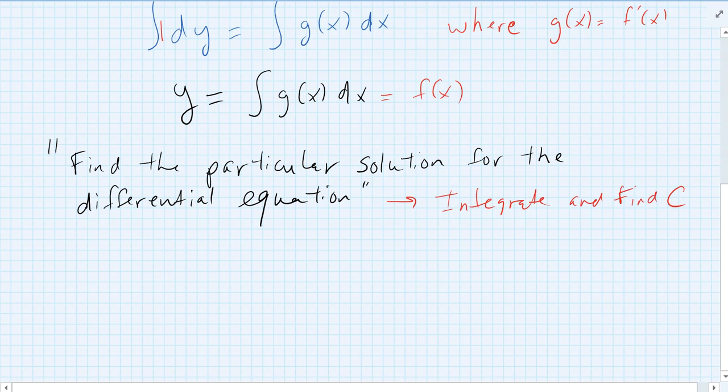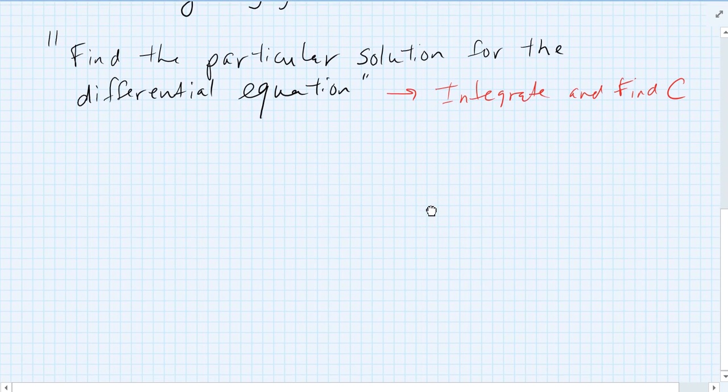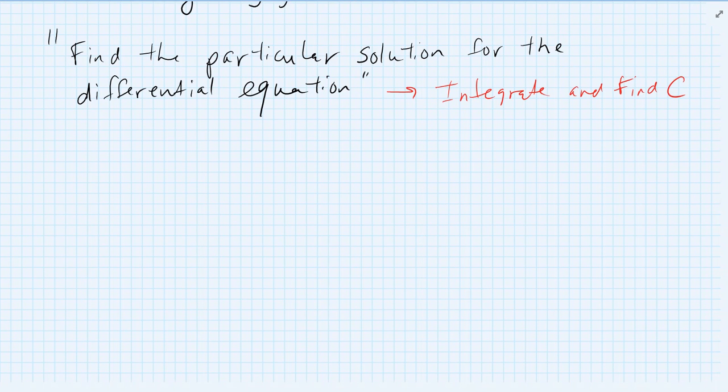So let's do an example like that. On our first one, we did an initial value problem. On this one, we're going to do what's called a boundary value problem, which means we don't have the point at time 0, we have the point at another time. So for this one, this is example 2.